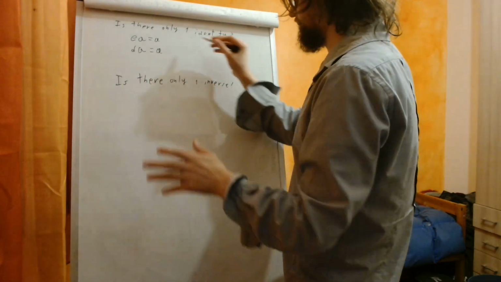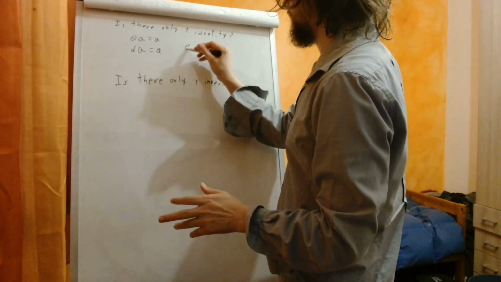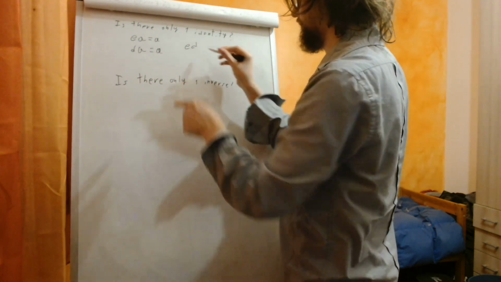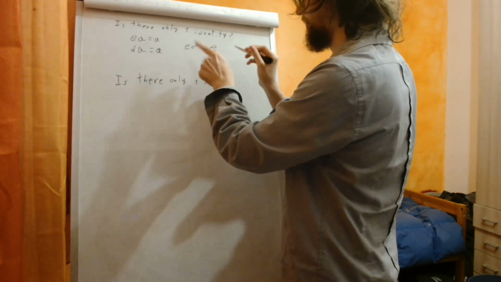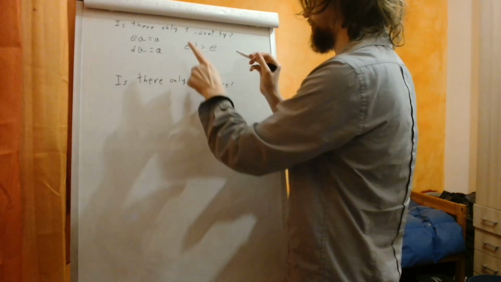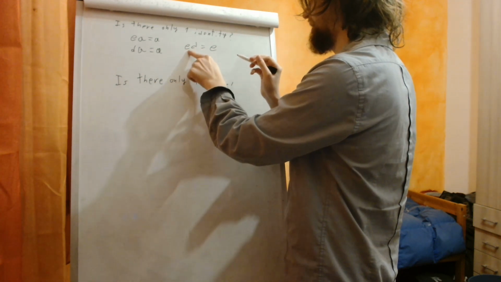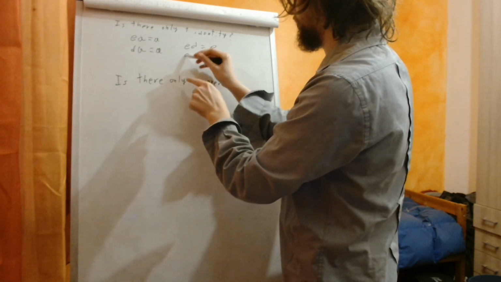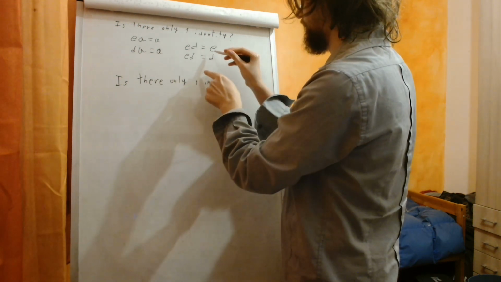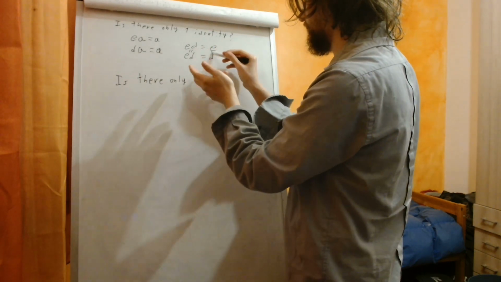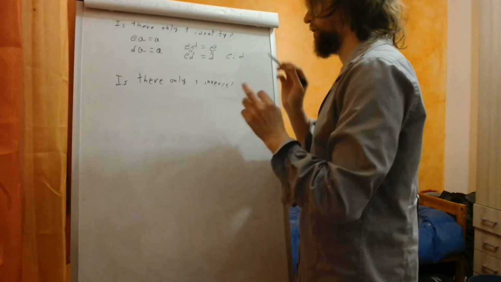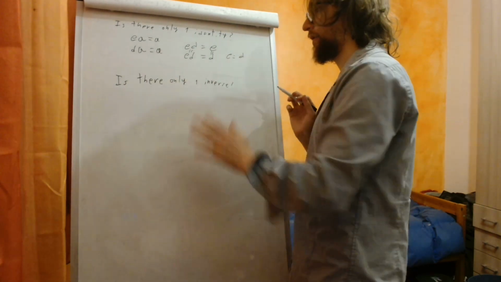Well, we can check that, because if as A we take D, we have E times D equals D. But if we consider E as the identity element, we also have that this is E. So, since these are equal, all the identities are equal. So there is only one identity indeed.